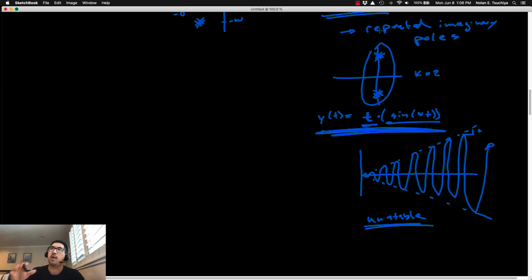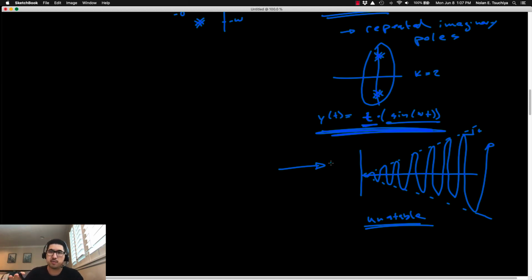Okay, so what I'm saying is we can't simply say if the poles are on the left of the imaginary axis it's stable, to the right of the imaginary axis it's unstable, and on the imaginary axis it's marginally stable. We can't quite say that anymore, and it's because of this little hiccup right here.